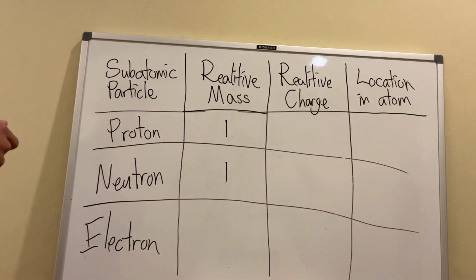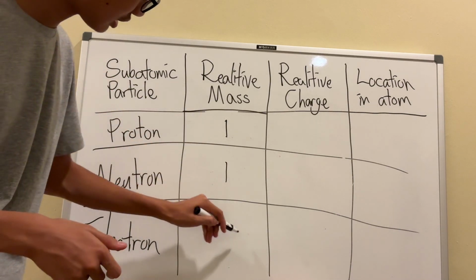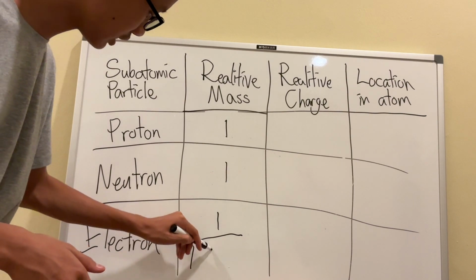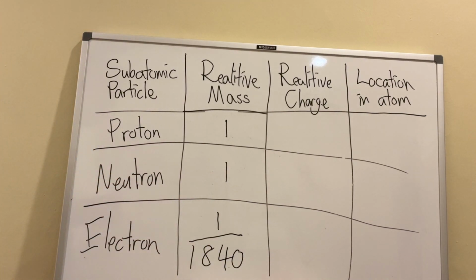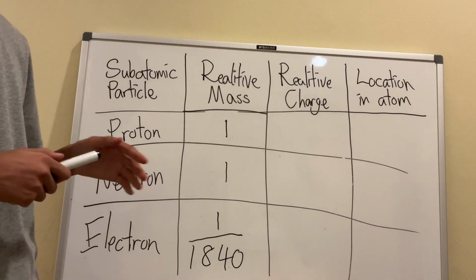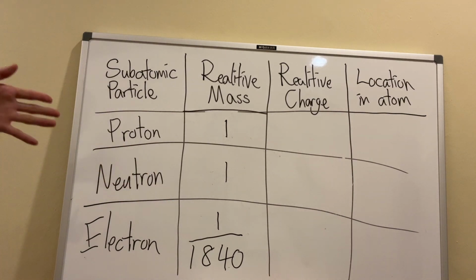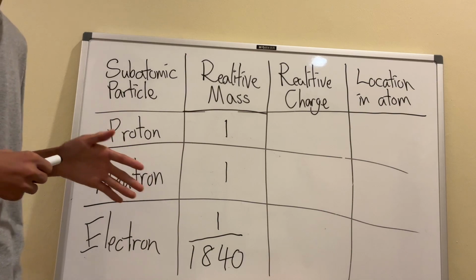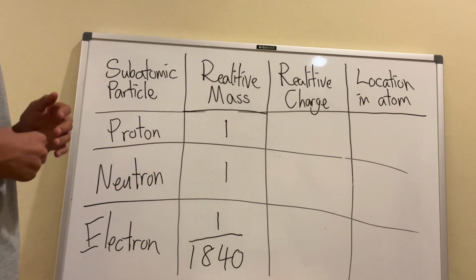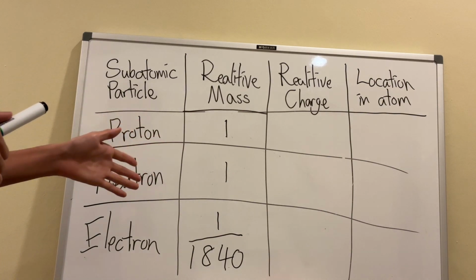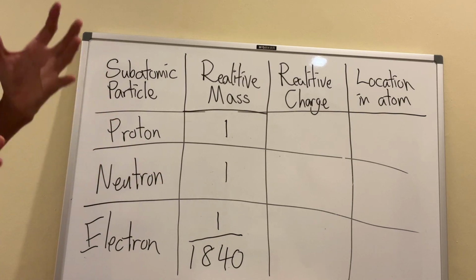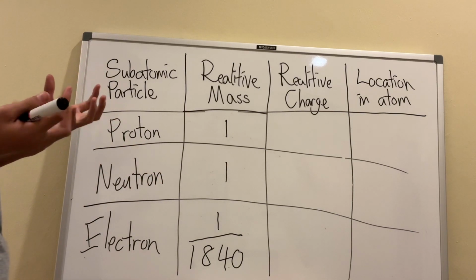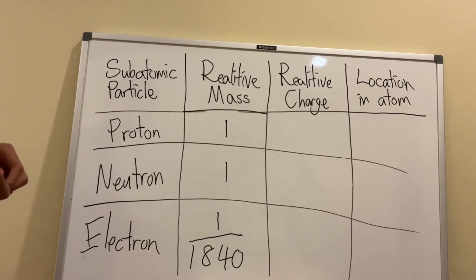But an electron, oh my god, it has a 1 over 1,840. In some places, they just go for 2,000 and round it off. But this is the accurate number. So I guess that's why it's so light that it floats on the rings, on the outskirt of the nucleus.